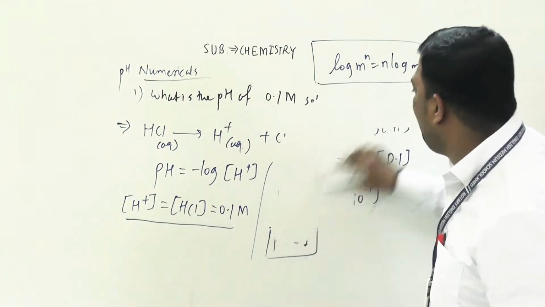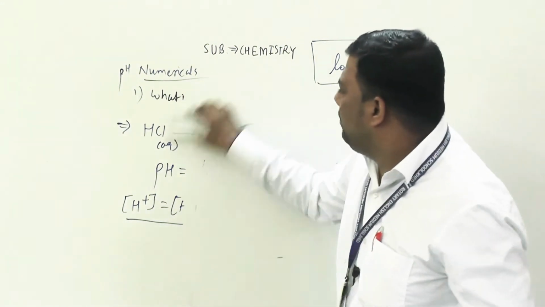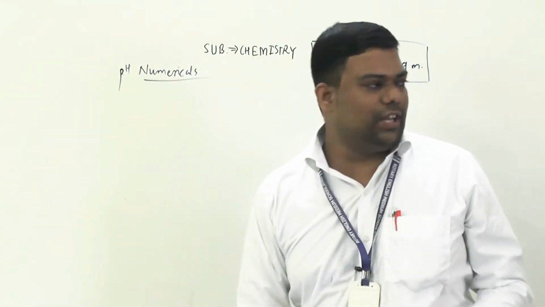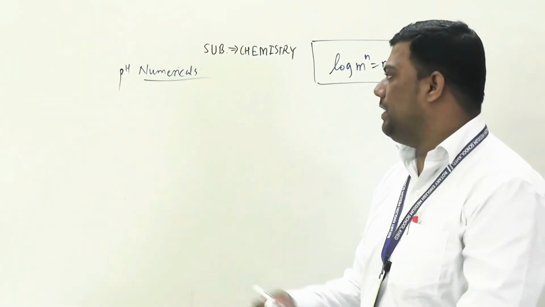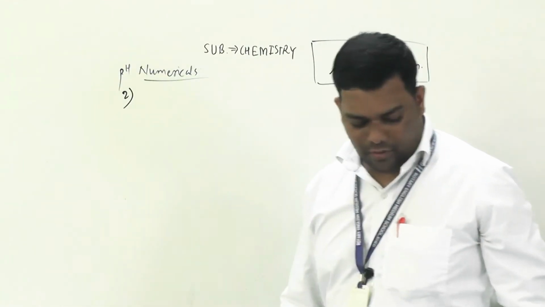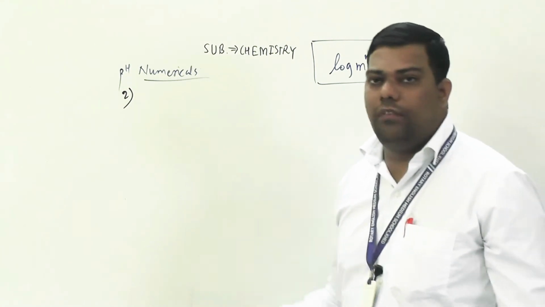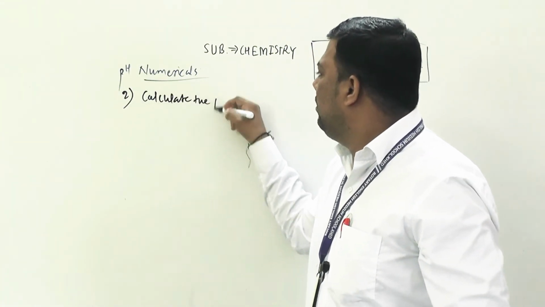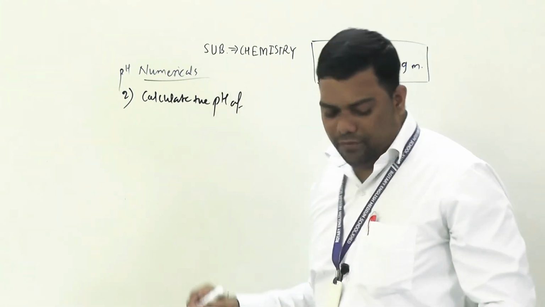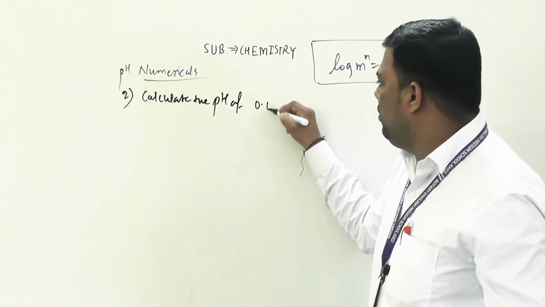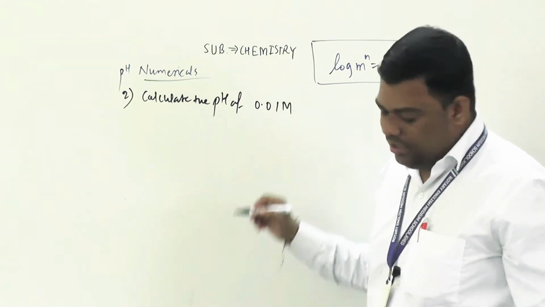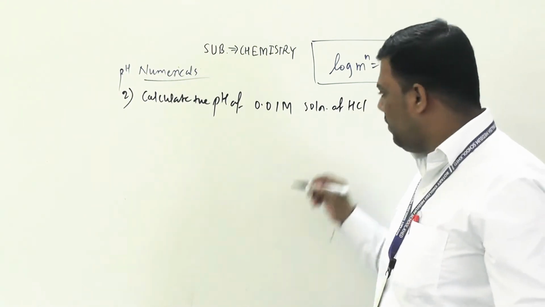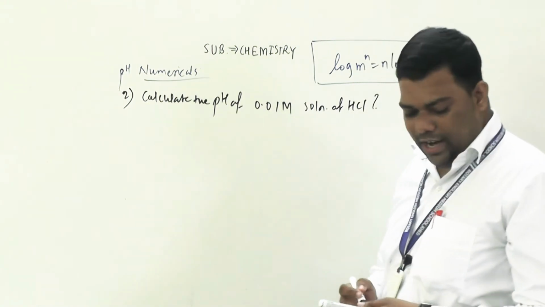In the second example, calculate the pH of 0.01 molar solution of HCl.